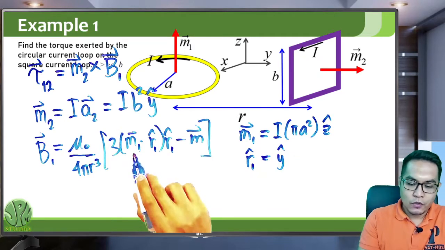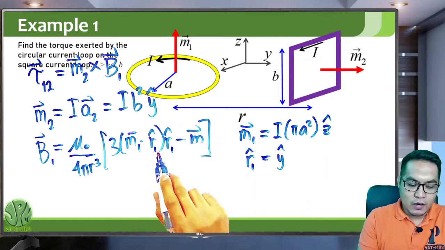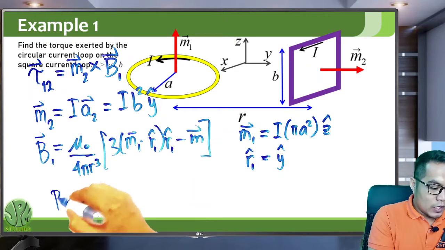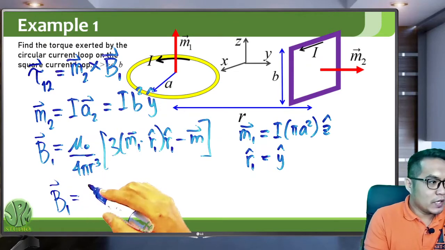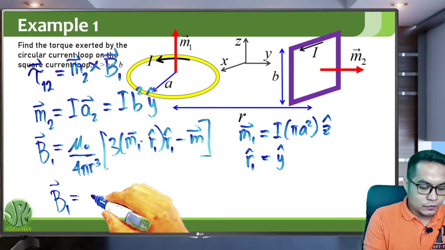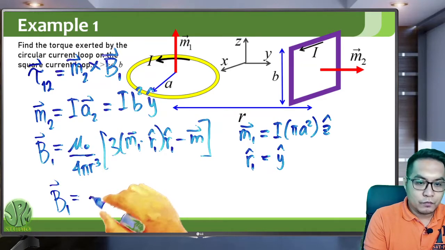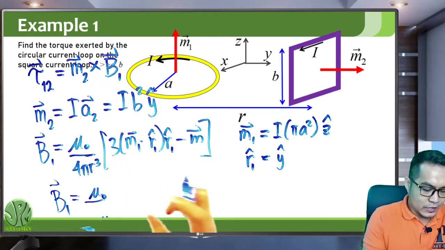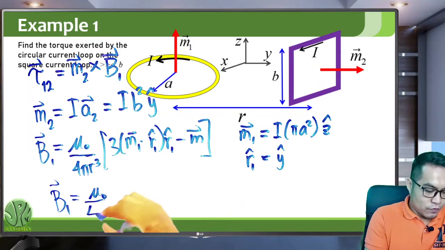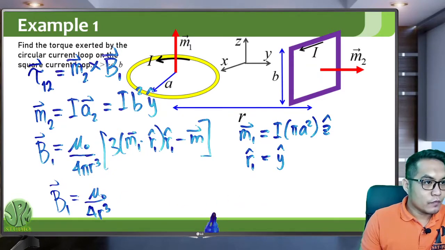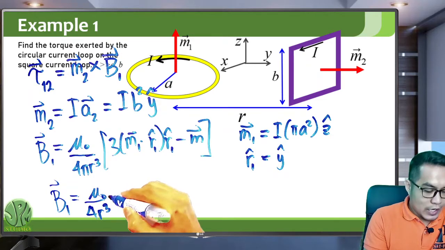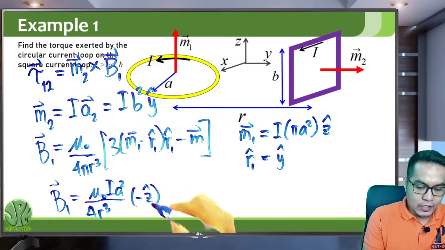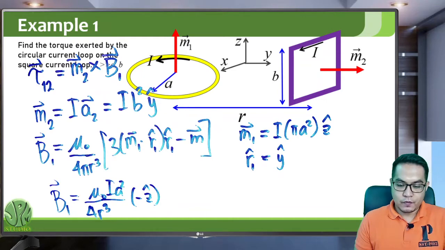You substitute m1, which is z hat, and r1 hat, which is y hat, and B1 will be mu naught over 4 pi r cubed, I pi a squared, and then negative z hat.